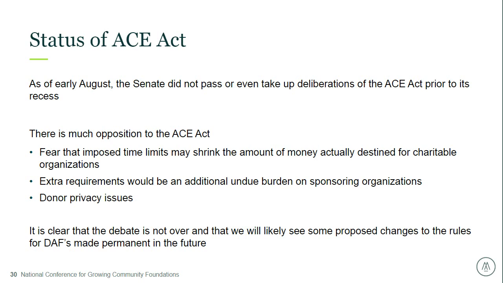Okay, so where are we with the status of the ACE Act? There hasn't been a lot of talk going on since it was introduced in June. As of early August, and I actually think even still today, the Senate really hasn't even taken up or decided to take up deliberations of the ACE Act.